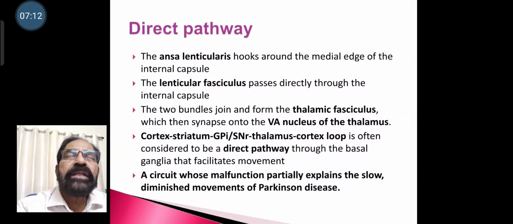The two bundles join and form the thalamic fasciculus, which then synapses in the ventral anterior nucleus of the thalamus. The cortex, striatum, GPI and substantia nigra reticular, thalamus, cortex loop is often considered to be the direct pathway through the basal ganglia that facilitates movement. A circuit whose malfunction partially explains the slow and diminished movements of Parkinson's disease.